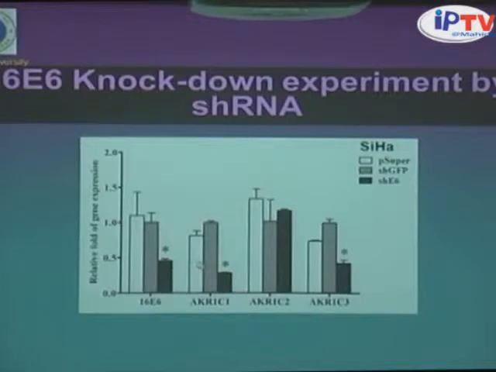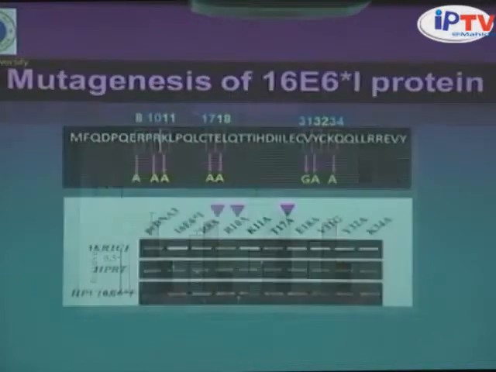And if you look at the enzyme level, C1 and C3 also drop, but not C2. So these results confirm that E6 is correlated with C1 and C3 upregulation.